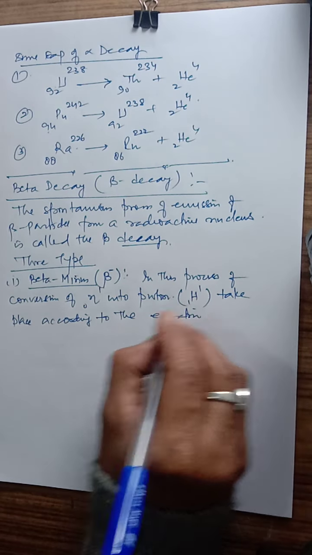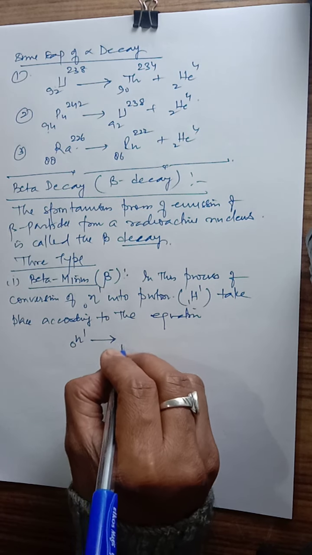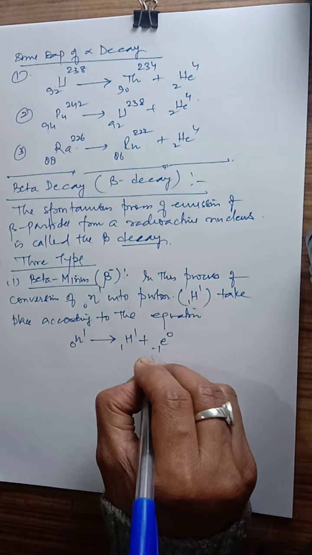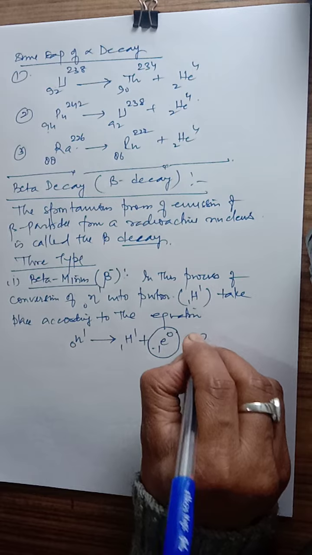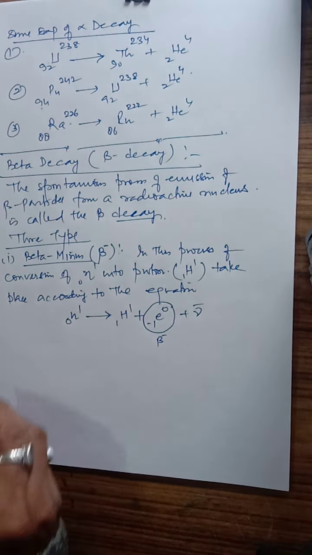That is 0n1 is replaced by 1H1 plus an electron, that is the beta minus, plus an antineutrino.